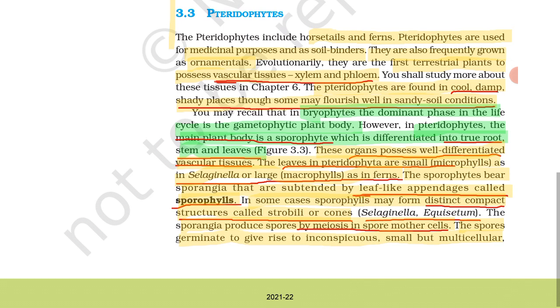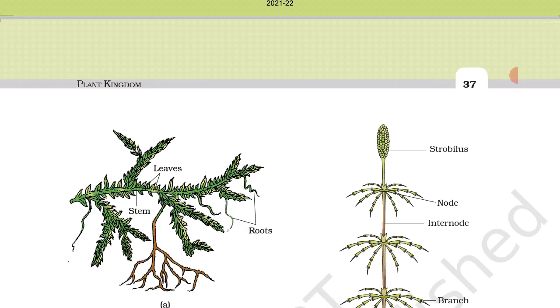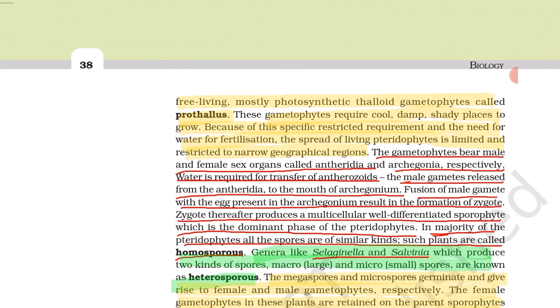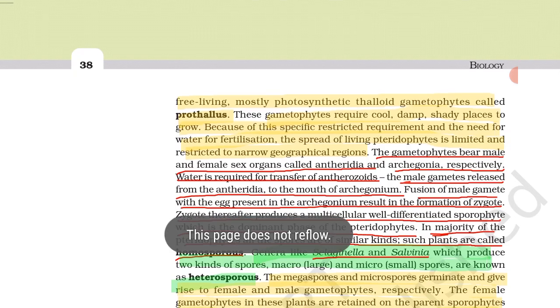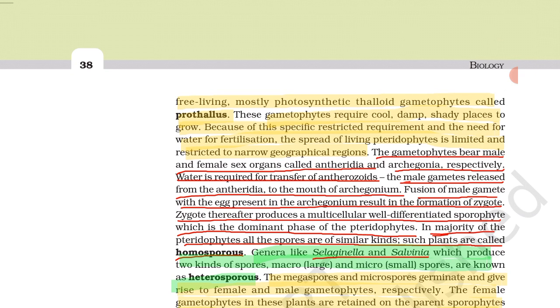These spores germinate to give rise to inconspicuous, small but multicellular, free-living, mostly photosynthetic thalloid gametophytes called prothallus.